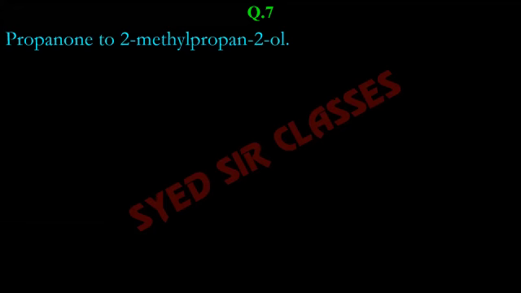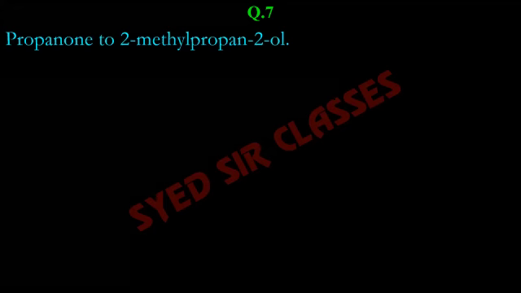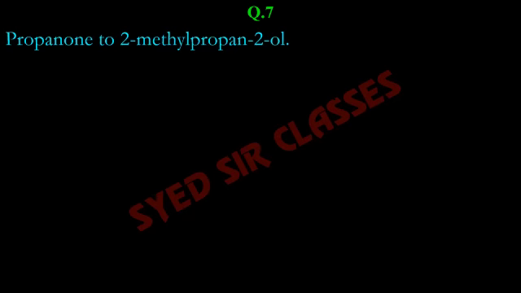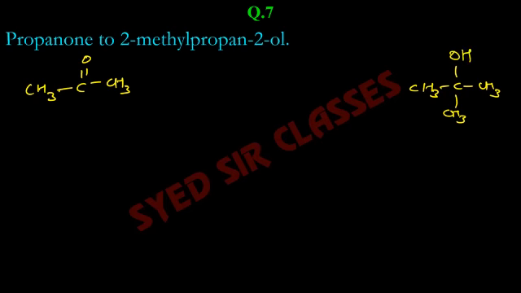Propanone to 2-methylpropan-2-ol. Propanone is CH3COCH3. You need to get 2-methylpropan-2-ol, (CH3)3C-OH. Now remember, you have to increase one alkyl group here.